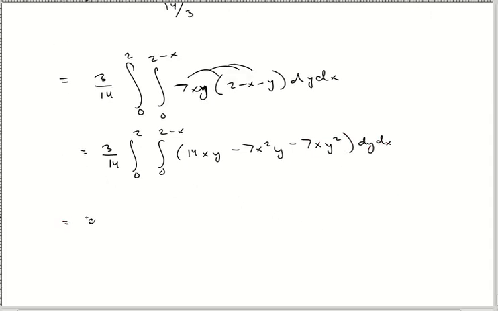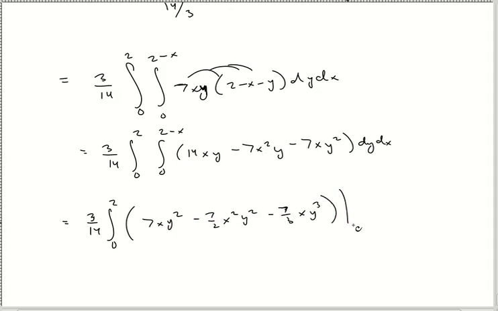All right, now we're going to integrate in terms of the y. So then y squared over 2 would make that a 7 in the front, y squared over 2, and then here y cubed over 3, and then from 0 to 2 minus x.